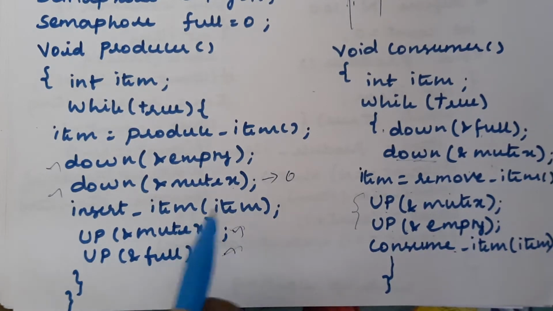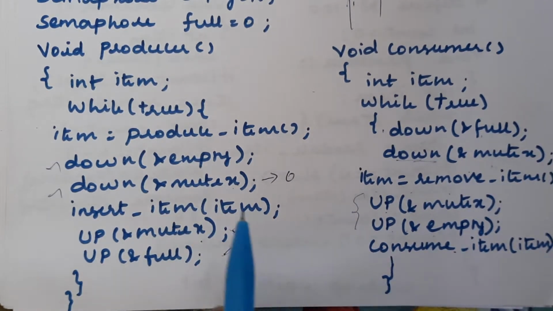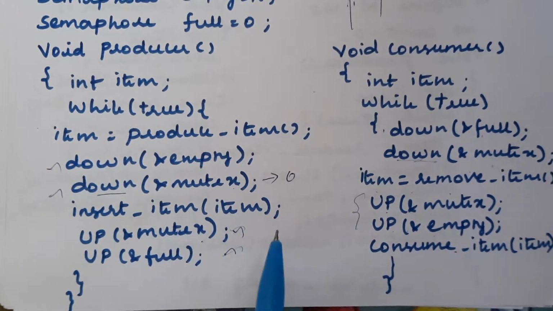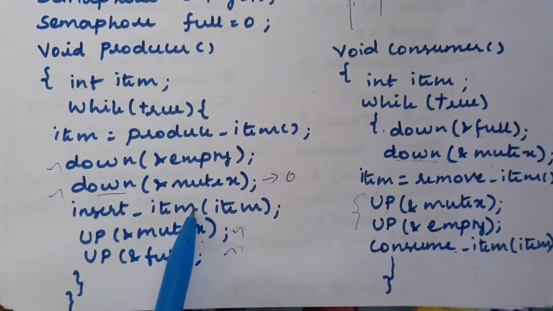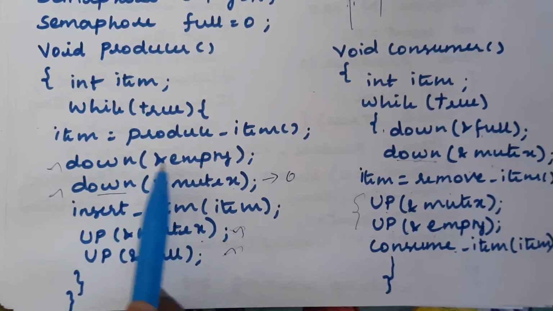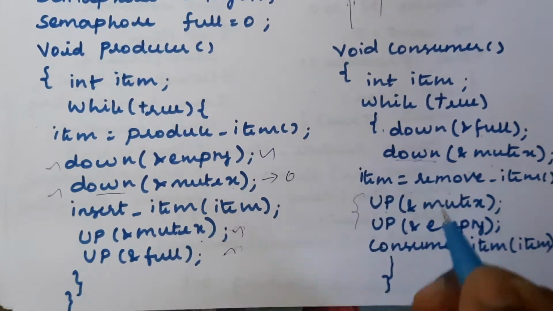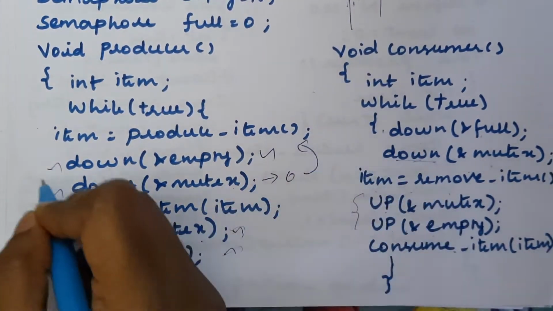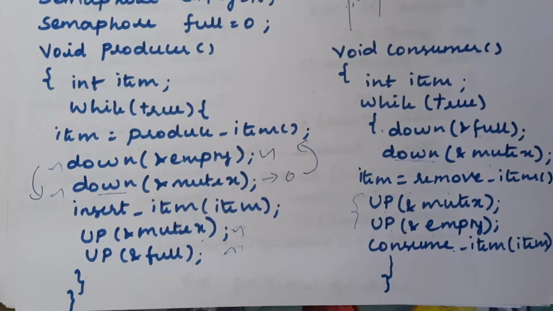Whenever we perform the down operation, it decrements the value of the semaphore variable on which we are performing it. Initially it is 1, then after decrementing it becomes 0. Afterwards it performs the operation on empty. So first it performs down on mutex, and afterwards the empty operation.